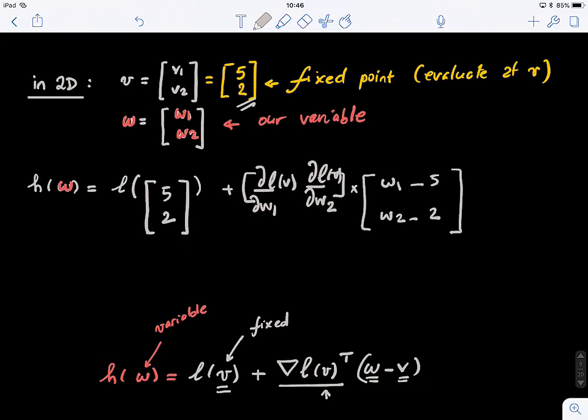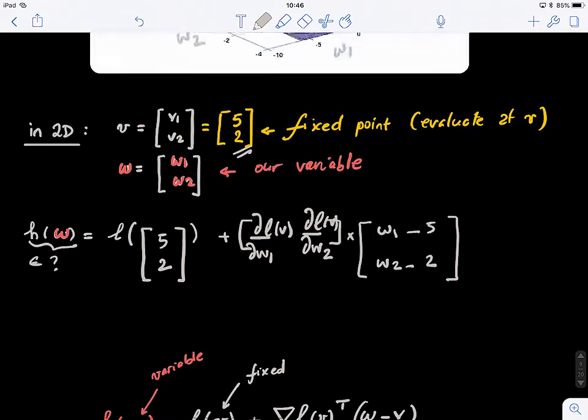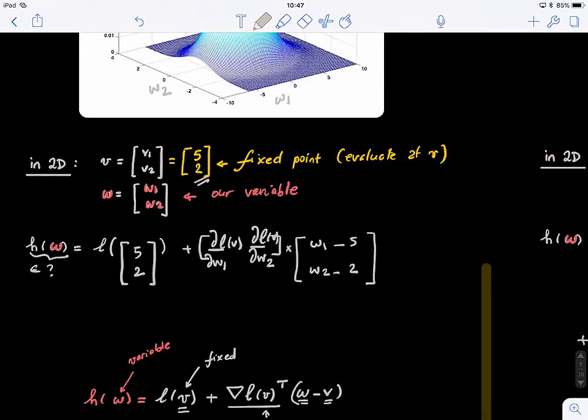Now, very important question: H of W belongs to what? You should know this, right? Is it a vector? Is it a matrix? Is it a scalar? It's a scalar. It belongs to R, right?